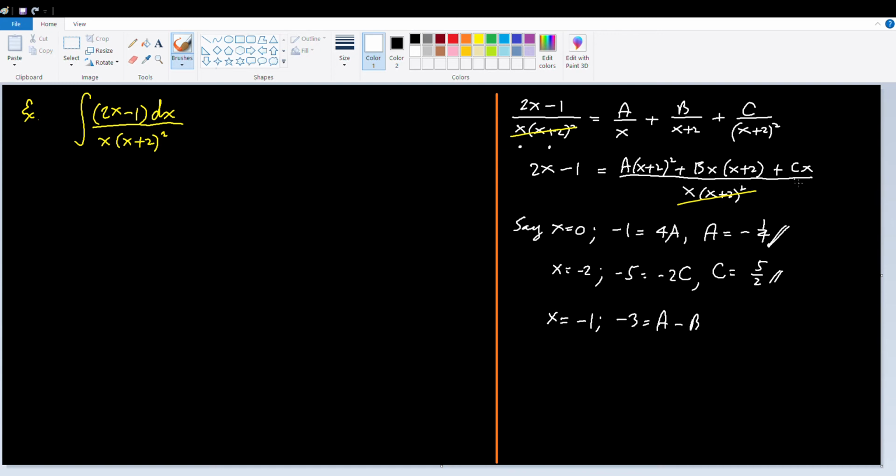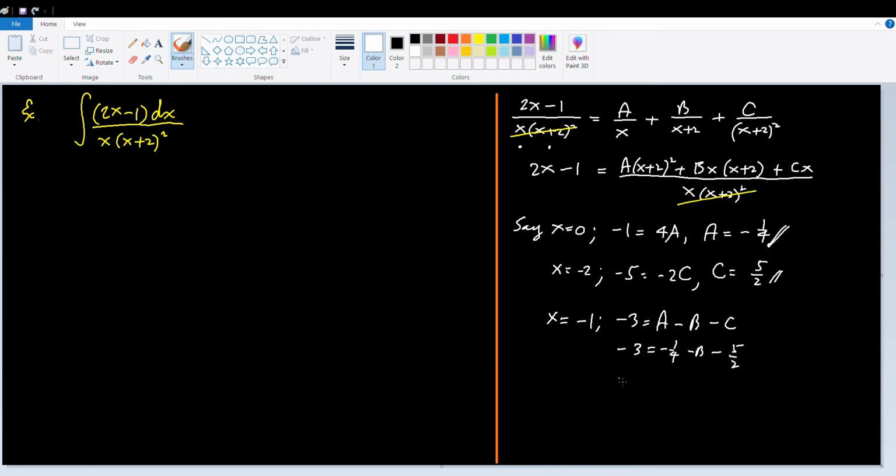And then c times negative 1 is negative c. But since we already have the values of a and c, we can substitute these values to negative 3 equal to a minus b minus c. Thus, we have negative 3 equal to a, negative 1/4 minus b minus c, which is 5 halves.